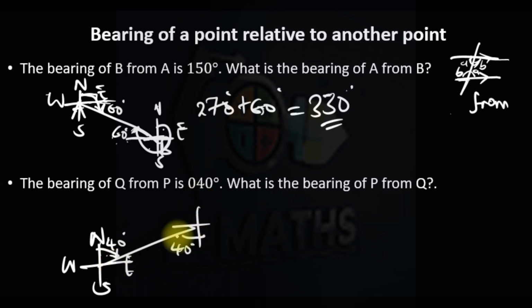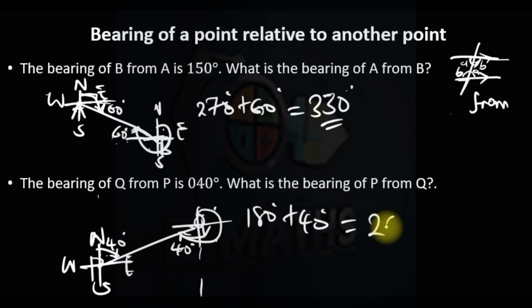This is a transversal, this is parallel, it's a vertical line, so it's parallel. We are asked to find the bearing from P to Q, so we are trying to find this. As you can see, this is 90 plus 90 plus 40, so 180 plus 40. The answer is 220. So it's very easy.